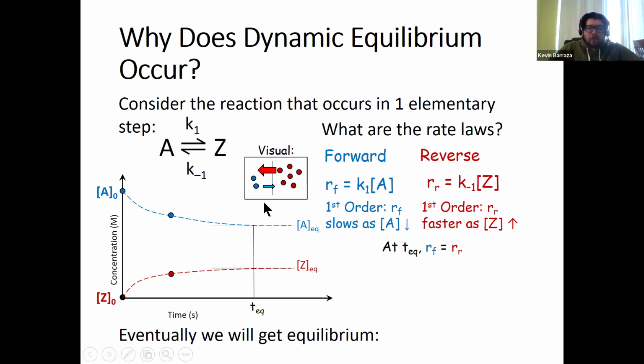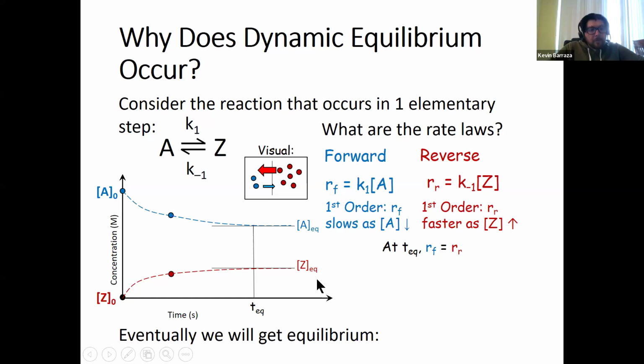And so at that point, we see what we call equilibrium being reached. And that's what's being shown here at the time labeled as the equilibrium time, T equilibrium. If we have exactly the same rate for each process, one A becomes one Z, and at the same time one Z becomes one A, there's going to stop being changes to the concentration. And so graphically, we say equilibrium is when the concentrations become constant. So we would label this A equilibrium and Z equilibrium.